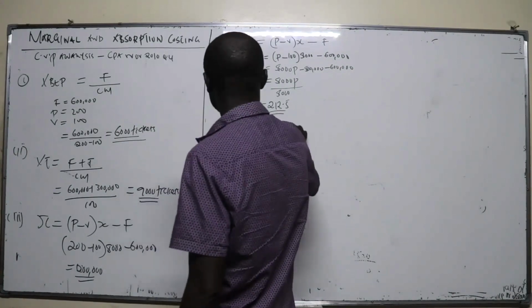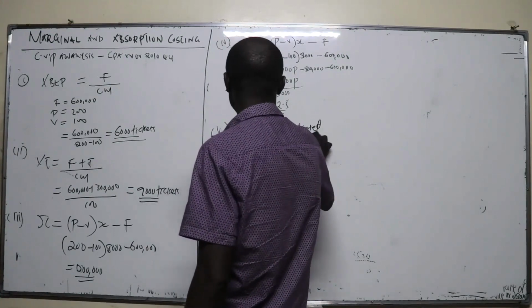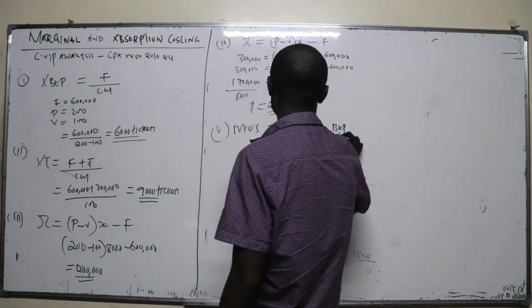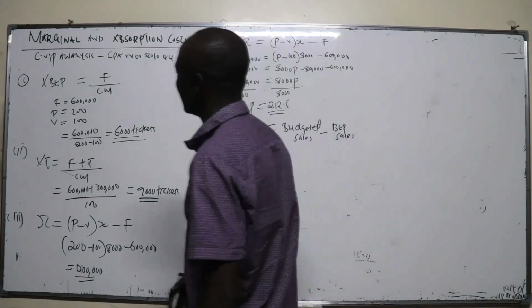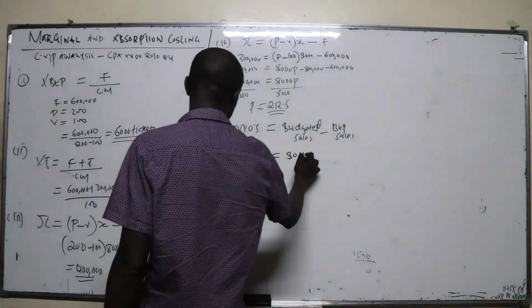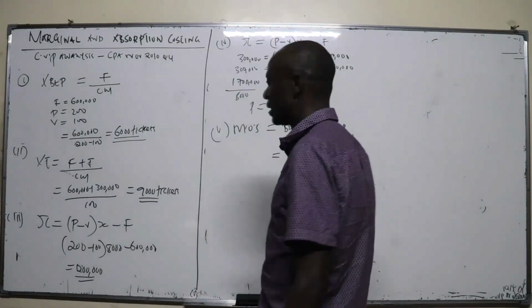Then lastly, they're asking for the margin of safety in percentage. So that is budgeted sales minus BEP sales, over budgeted sales. They budgeted to sell 8,000 units, that is the estimated sales, and the break-even is 6,000.